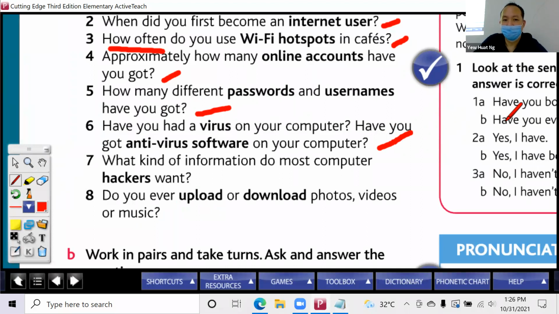Have you got antivirus software on your computer? Virus. Virus. Okay. So, have you had a virus on your computer? Yes. Have you got antivirus? Okay, you can say antivirus, you can say anti-virus. It's the same.